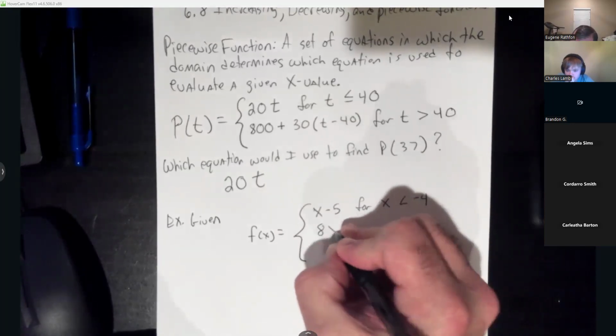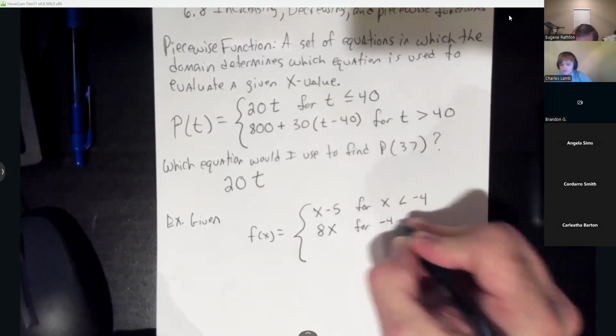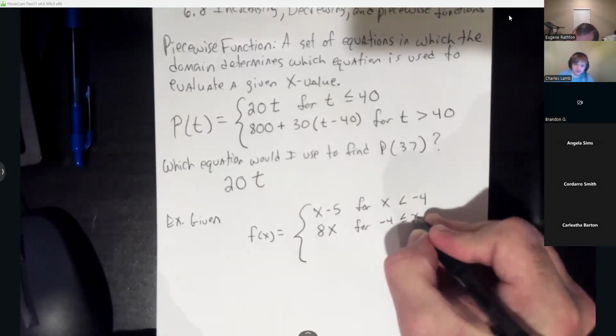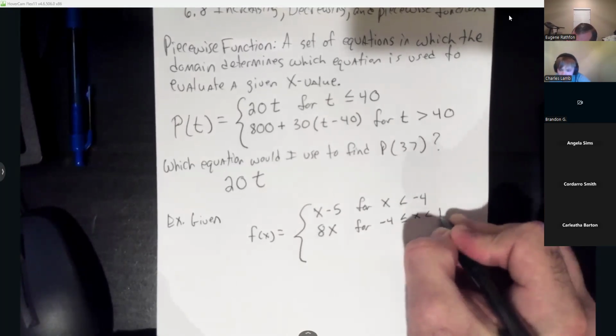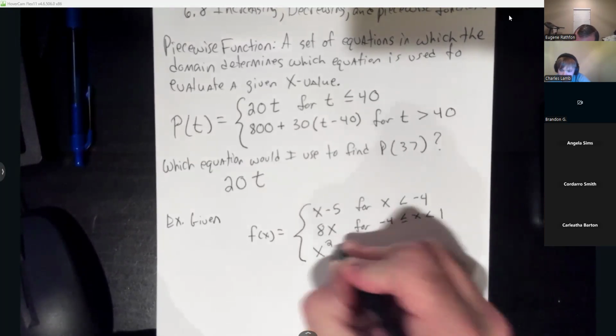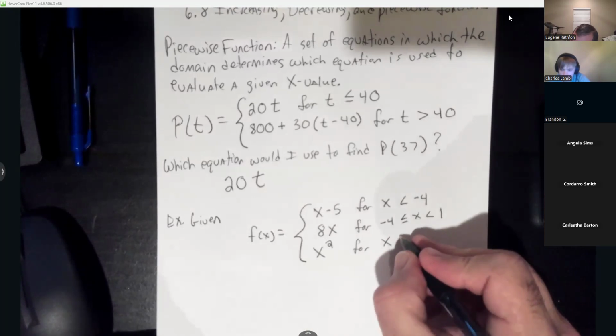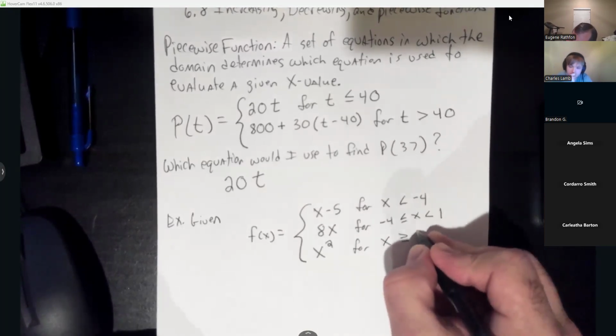It's going to equal 8 times x for negative 4 less than or equal to x less than 1. And it's going to equal x squared for any x that is greater than or equal to 1.